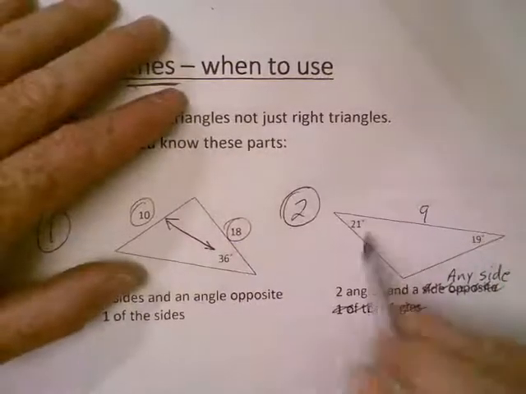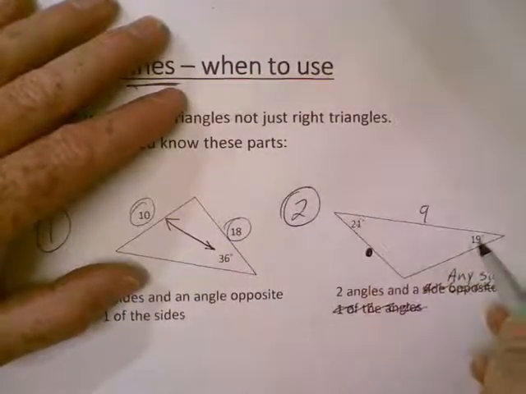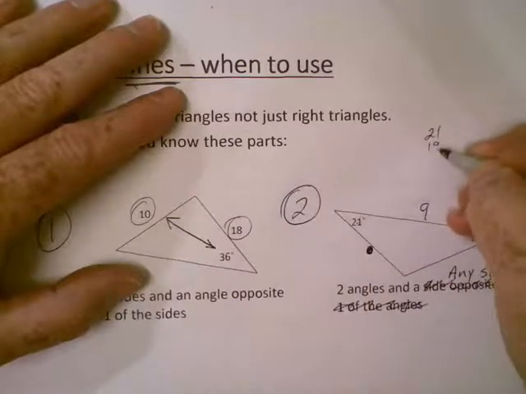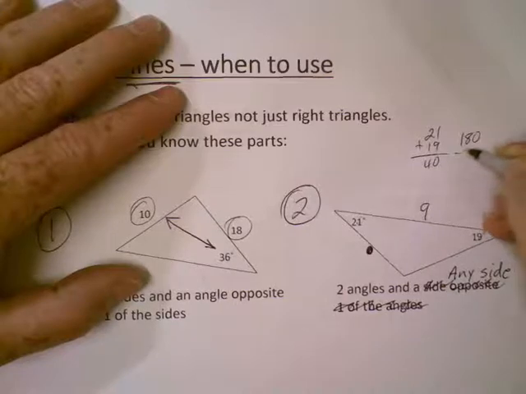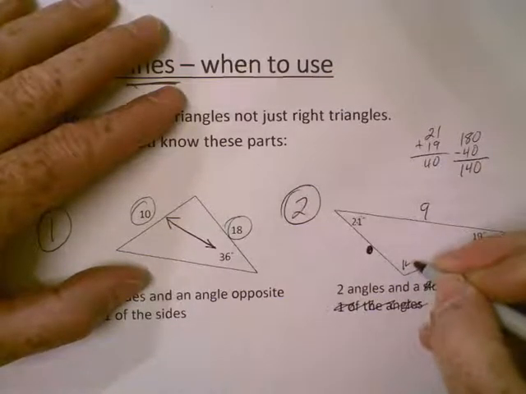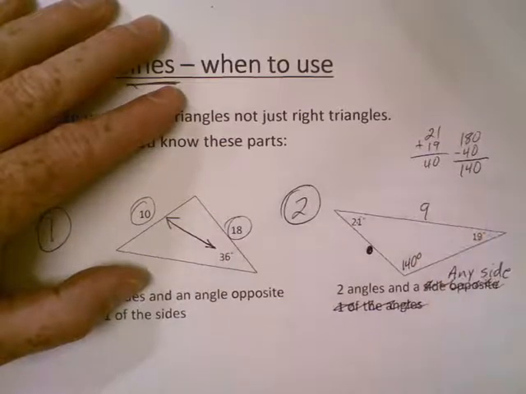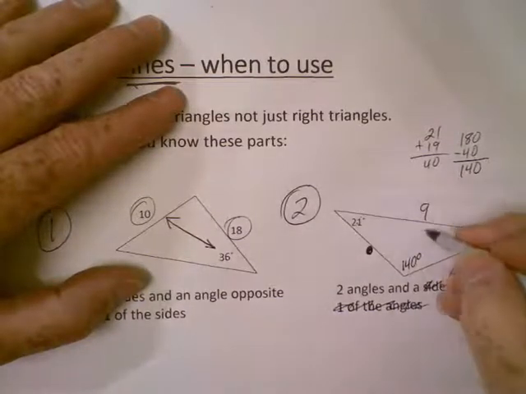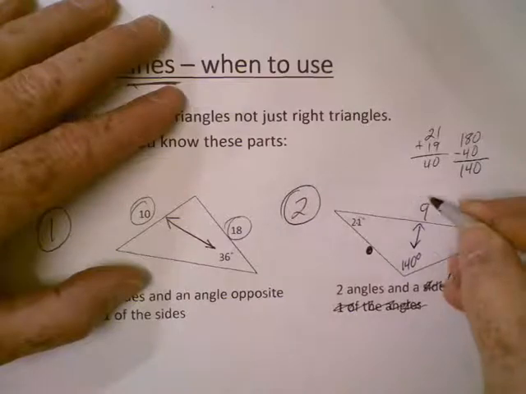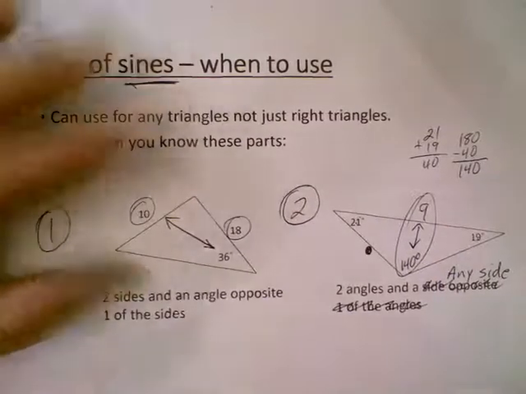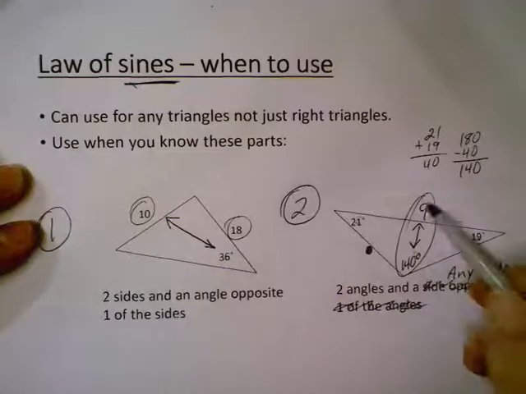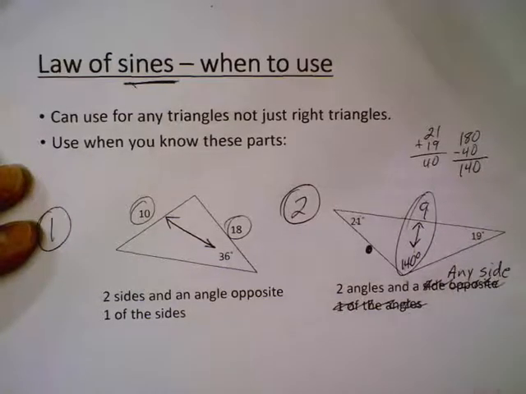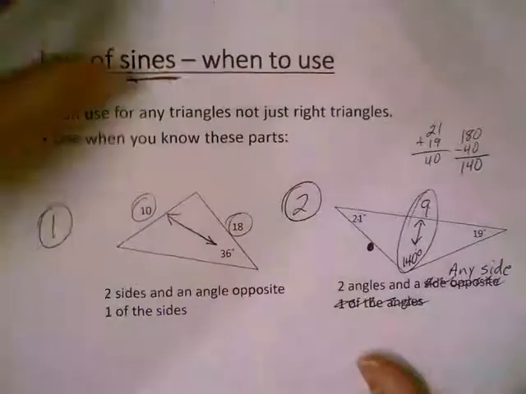The reason it's any side is because if I know these 2 angles and I add them up, I can subtract that from 180 and I can find the 3rd angle down here, and then I have a side and an angle that match up. So to use the law of sines, the main thing is that you have a side and an angle that are opposite of each other.